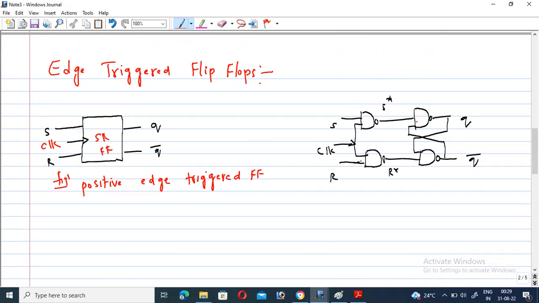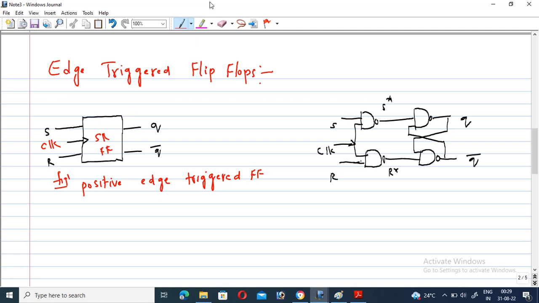Edge trigger means that the SR flip-flop is activated only for the edge of the clock signal. That is one of the most important points you have to remember. If the flip-flop produces outputs only for the positive edge of the clock, that is a positive edge triggered flip-flop.